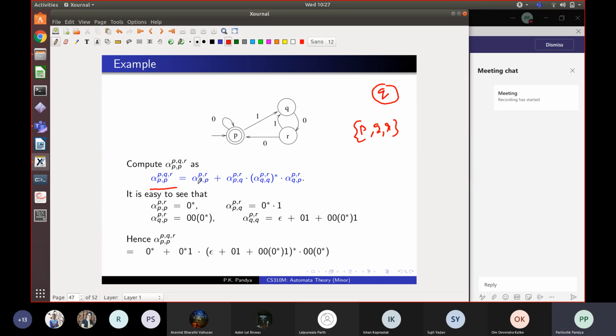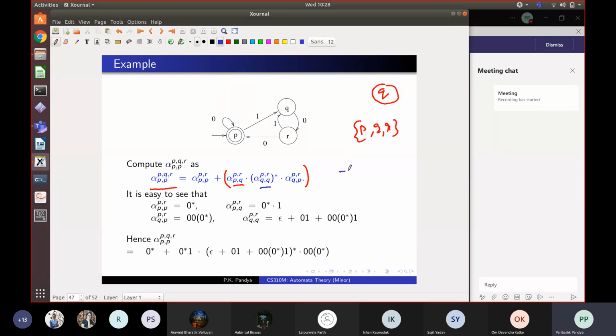But I'll have those runs which take me from P to P without ever visiting Q, or those runs given in this bracket which will visit Q. So runs which go from P to P without visiting Q and runs from P to P which will visit Q. And the runs which go from P to P visiting Q will be those runs which start from P and end up in Q for the first time. That is given by this underlined part, followed by runs which go from Q to Q, right? And that I repeat several times, because I can loop from Q to Q several times, right? And then I go from Q to P.